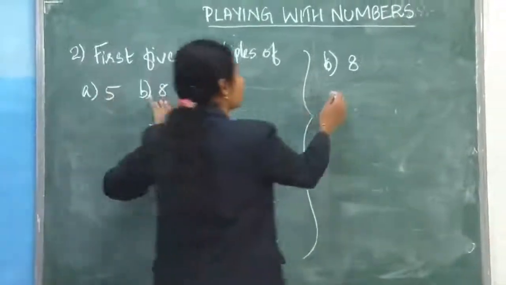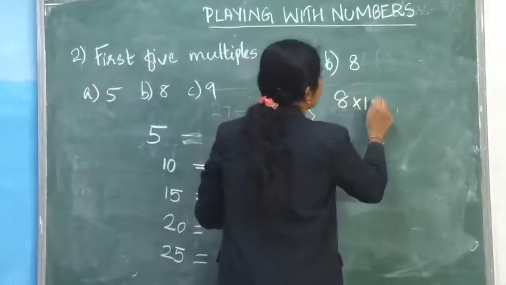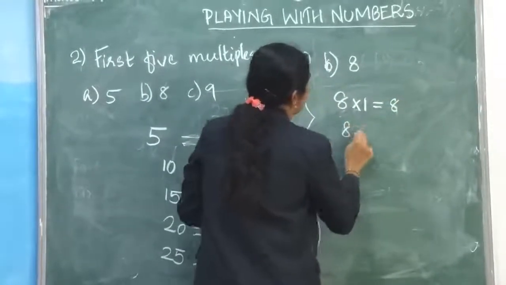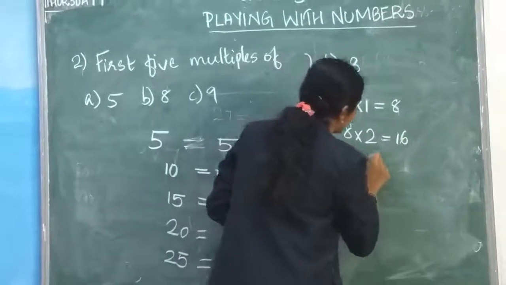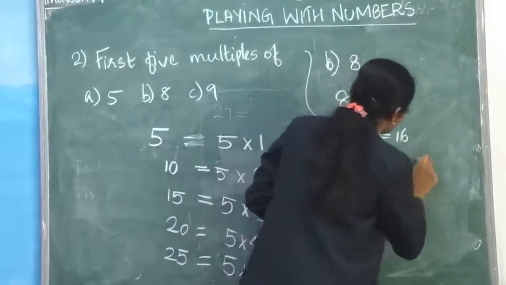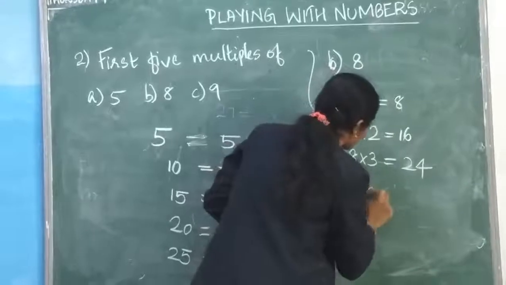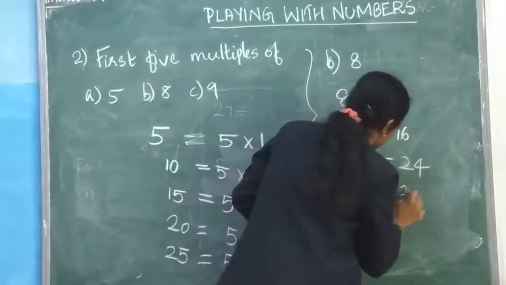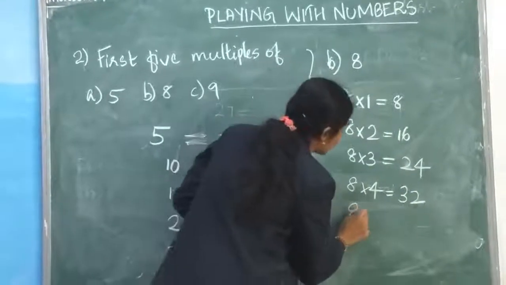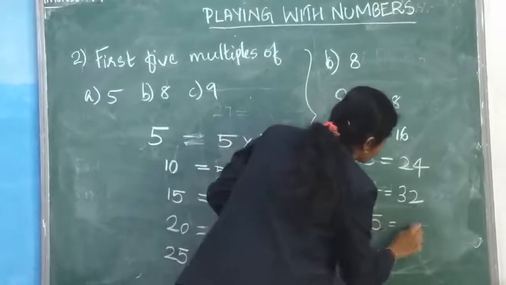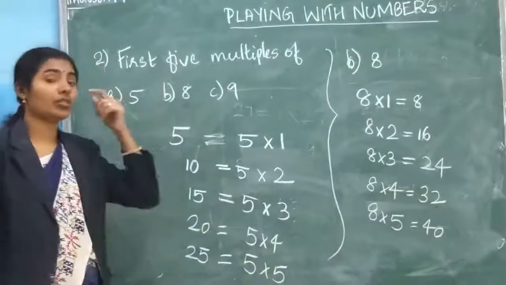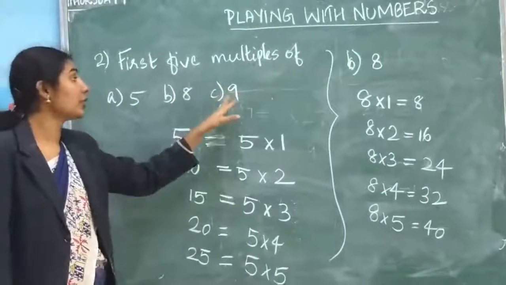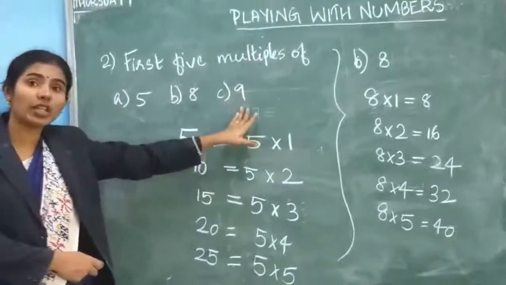So 8 ones are 8, 8 twos are 16, 8 threes are 24, 8 fours are 32, 8 fives are 40. Like this you should do. You should find the first 5 multiples of 9. Okay.